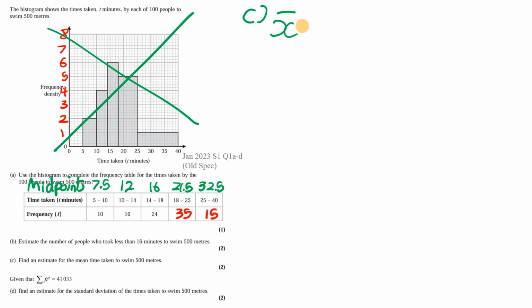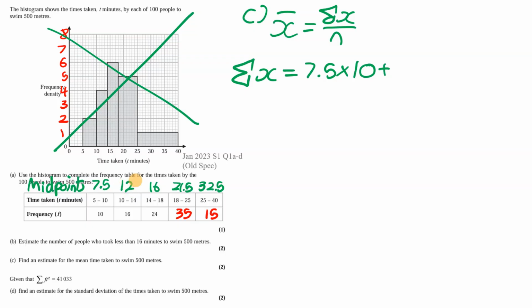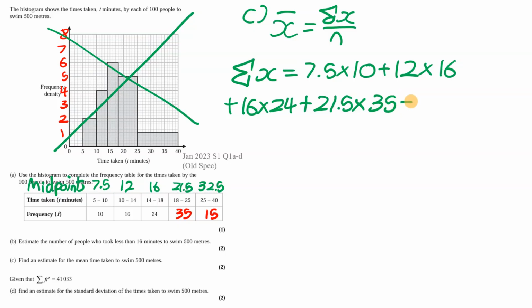Okay, so remember what the mean is. So the mean, so this is the notation for the mean, is sigma x, which is all of the data points added together divided by the number of data points. Okay, so sigma x is, so we have 7.5, and this occurs 10 times, and then we have 12, and this occurs 16 times, and then we have 16, and this occurs 24 times, and then we have 21.5, and this occurs 35 times, and then we have 32.5, and this occurs 15 times.